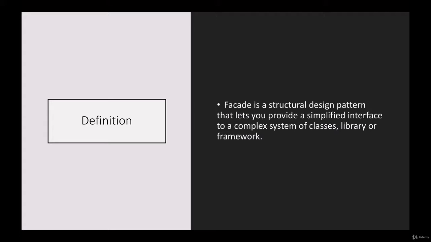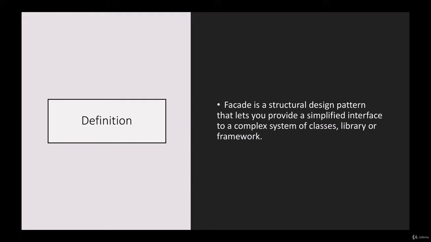So the way you expose your subsystem to the outside world is you expose an interface, which will be our facade, and that interface will only support those functions or operations that you want to expose for the subsystem. This is what the definition is trying to say.